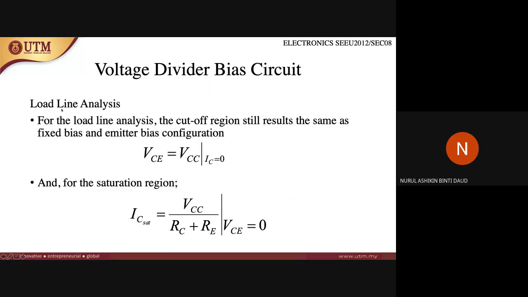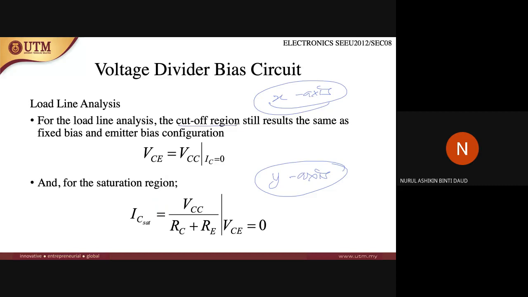Next, how to draw the load line analysis for the voltage divider bias circuit. To draw this line, first we need to find the intercept on the x-axis and the intercept on the y-axis. Same as before, to find the intercept on the y-axis, you consider the saturation region. To find the intercept on the x-axis, you consider the cut-off region.